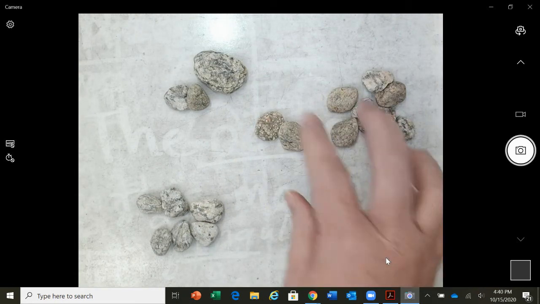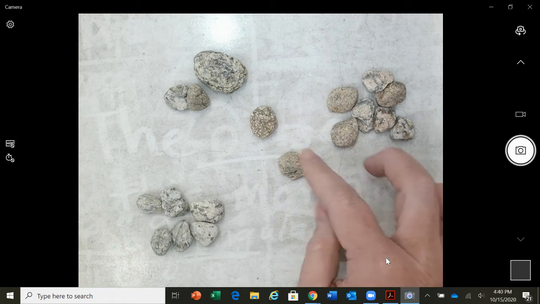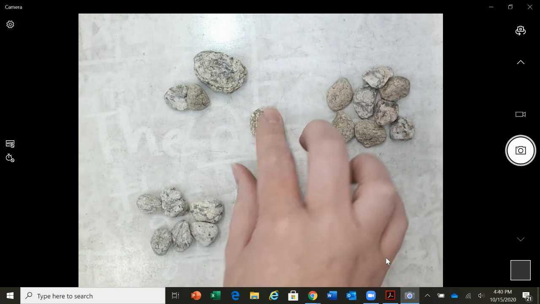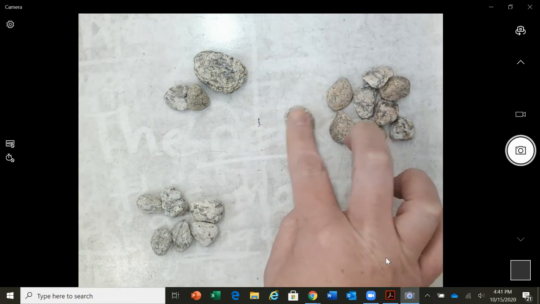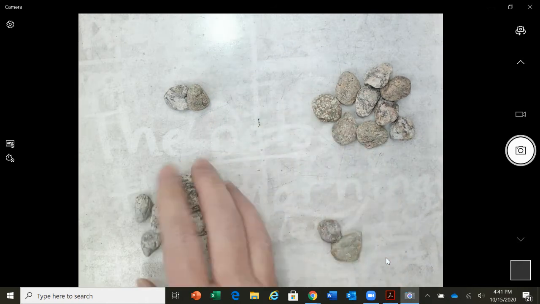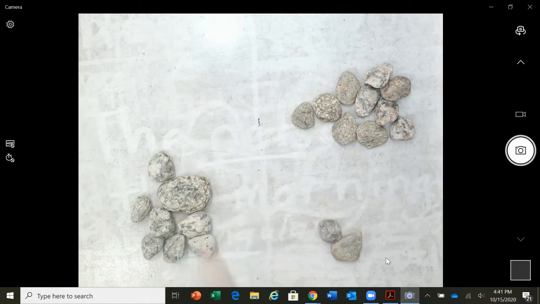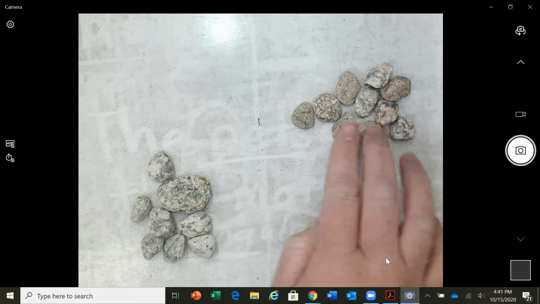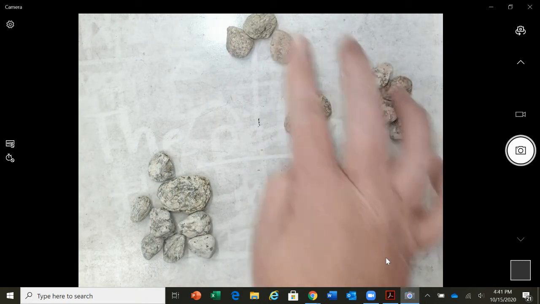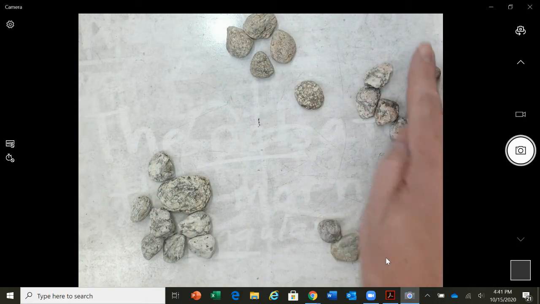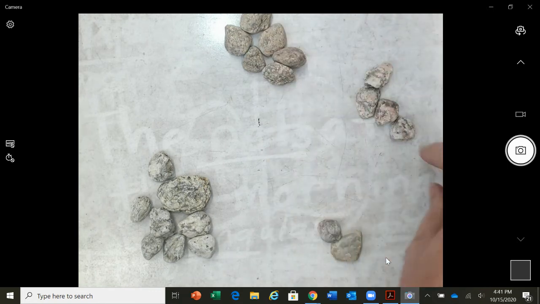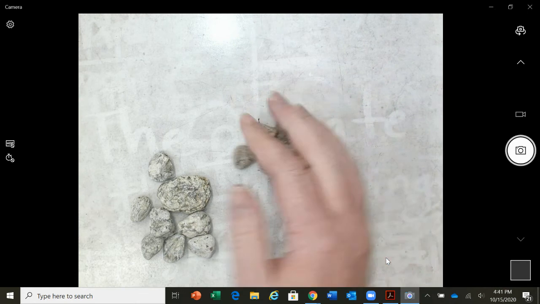This one has pink in it. This one's pink. This one's black and white. So I could sort by color. I could even break it up more and say these are cream and pink, and these ones are black and white and pink. Okay, so I could do it by color.